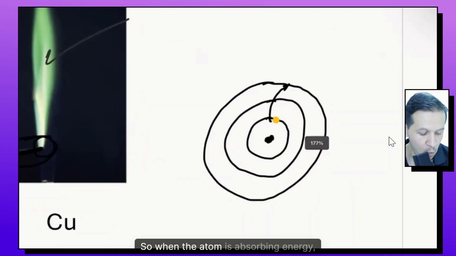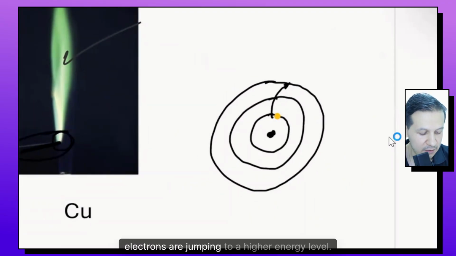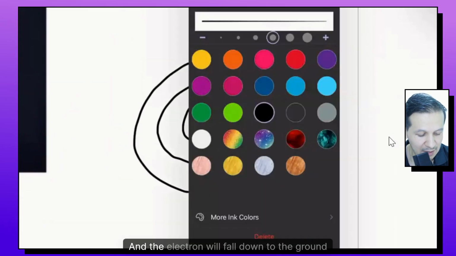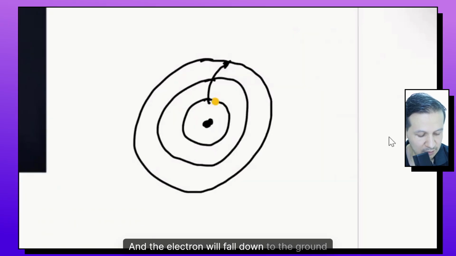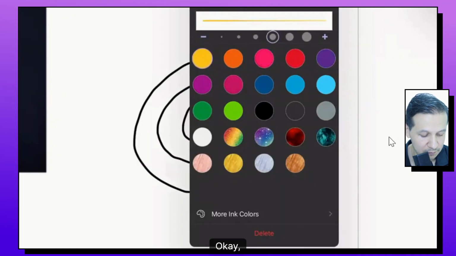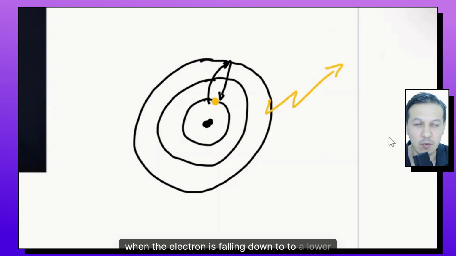When the atom is absorbing energy, electrons jump to a higher energy level, but instantaneously the electron loses that energy and falls down to the ground state. In that moment, when the electron is falling down, there is a release of energy, to a lower energy level or to the ground state.